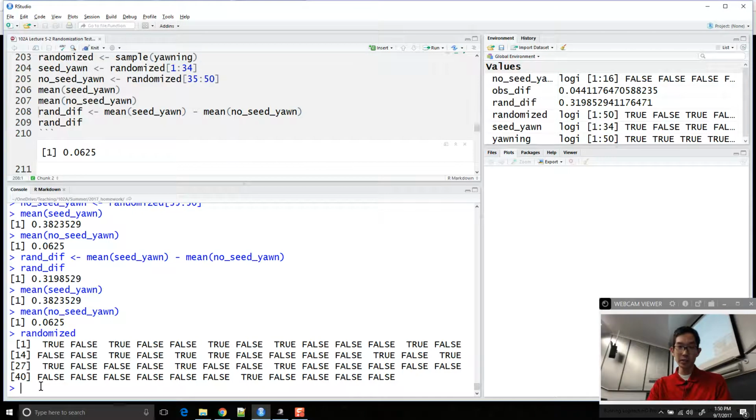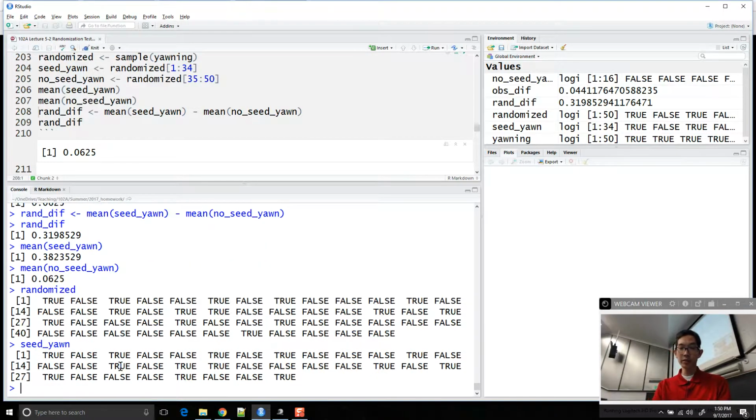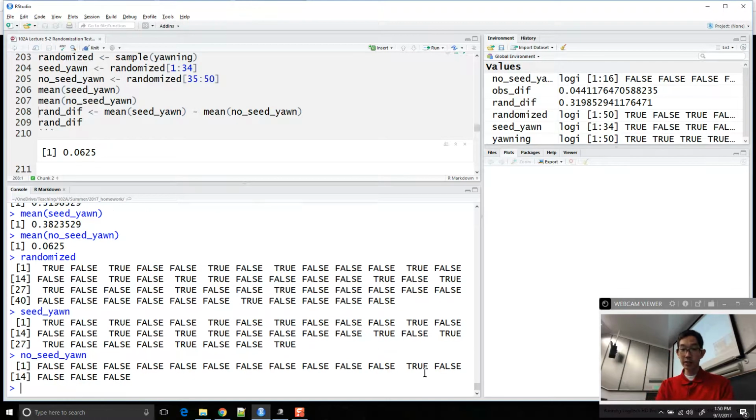Seed yawn has all of these trues and falses, whereas no seed yawn only ended up with 1 true. Just from random chance, right? I just randomized the 50 people, and what happened this time was that in the last 16, only 1 happened to yawn.